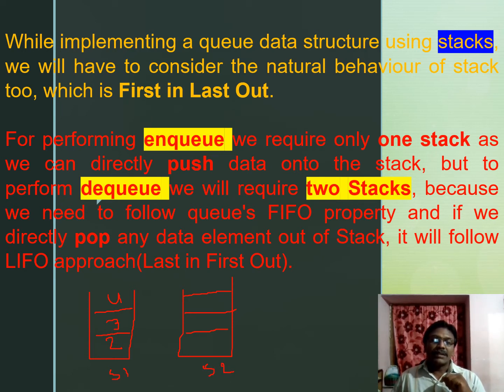In this stack, the last element, that is the fourth, is moved to stack 2 first, then the next element is moved to stack 2, and then the next. Then stack 2 removes the top of the stack, that is 2.